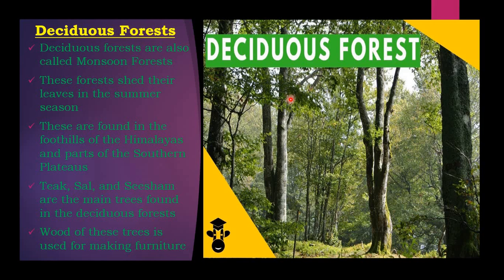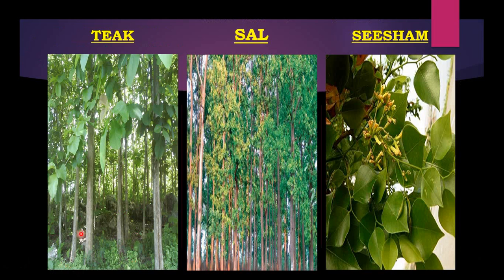So people make use of these trees for furniture and house construction. So this is all about the deciduous forest, and these are the three trees mentioned in the textbook: teak, sal and sesame.